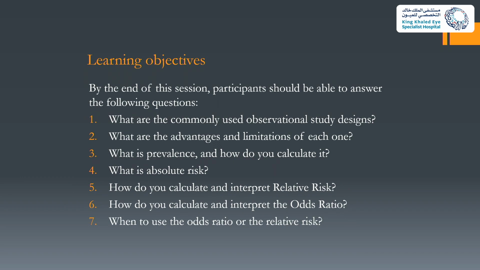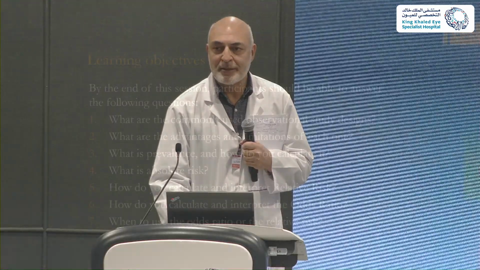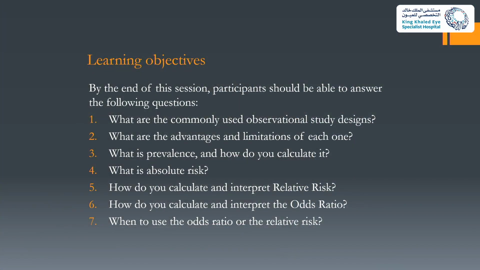The learning objectives of this talk are that by the end of this session, participants should be able to define what constitutes observational study designs, what are the advantages and disadvantages of different study designs, what is prevalence and how it is calculated, what is absolute risk and how it is calculated, what is relative risk and what is odds ratio, and when to use odds ratios and when to use relative risk, and when to use them interchangeably.